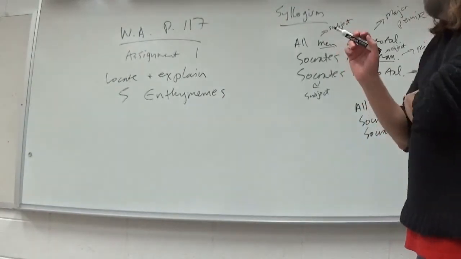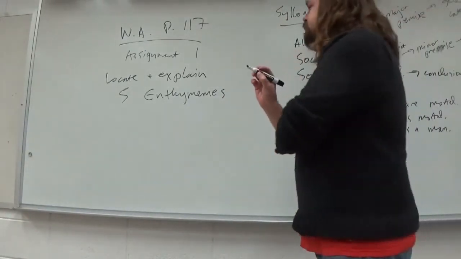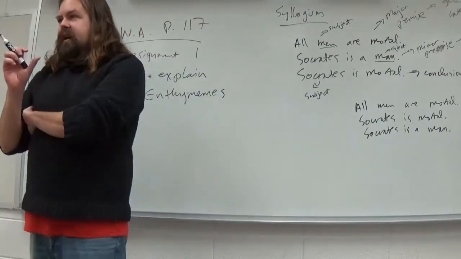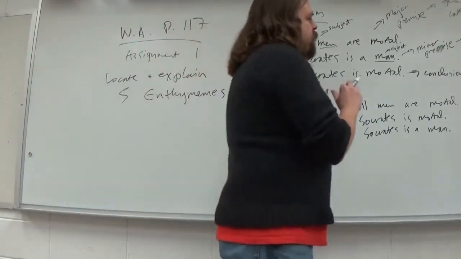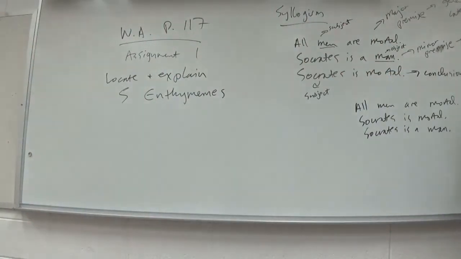So an enthymeme is a kind of compressed syllogism. An enthymeme is a syllogism that is missing one or more of these premises. The missing premise is implied rather than stated.